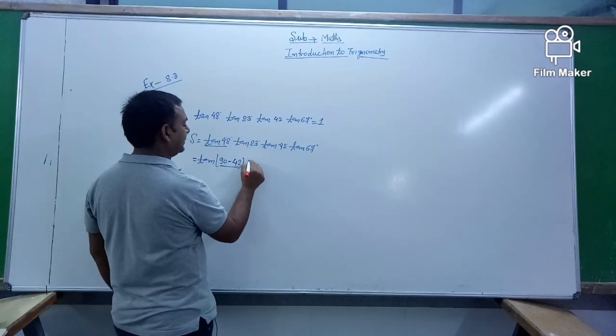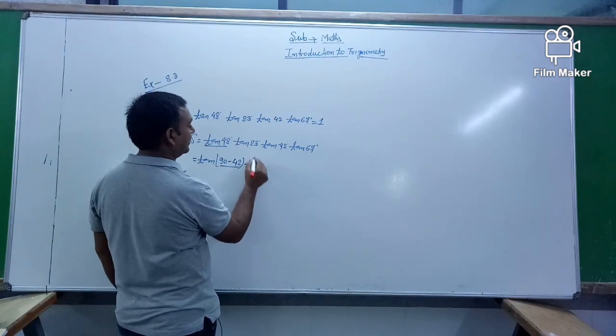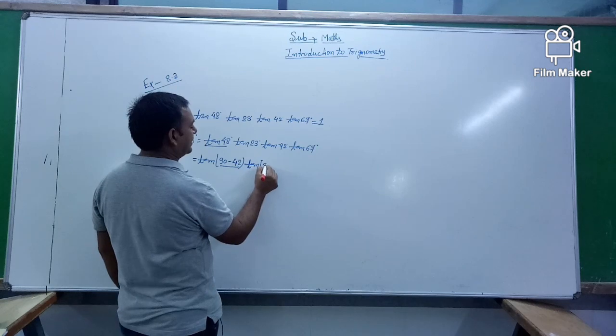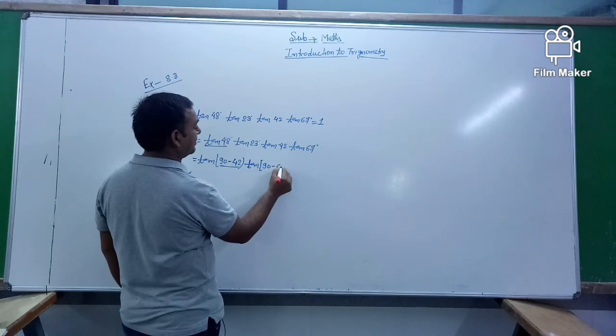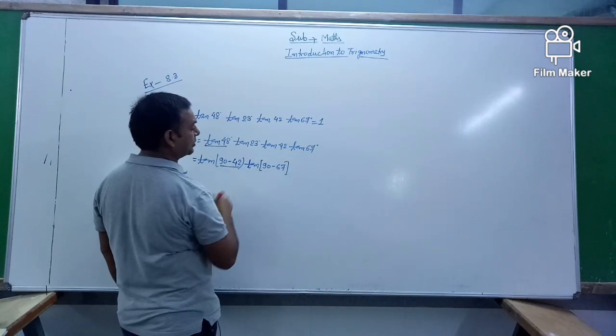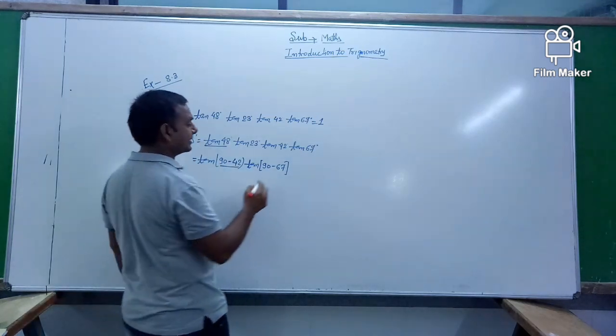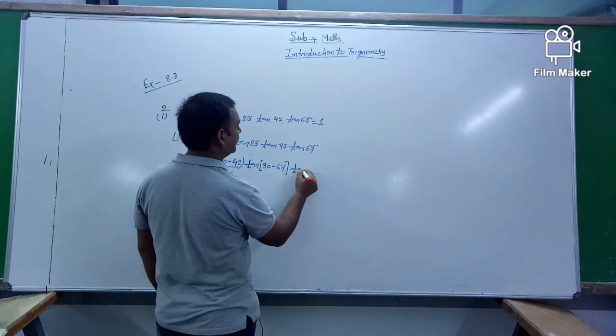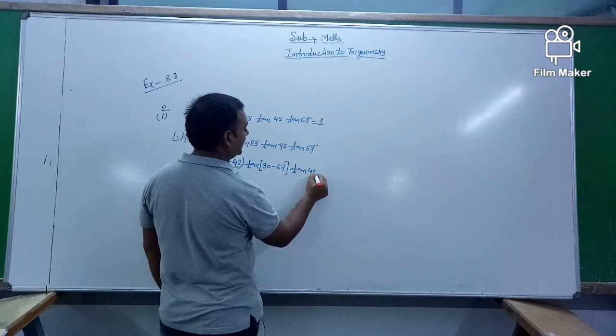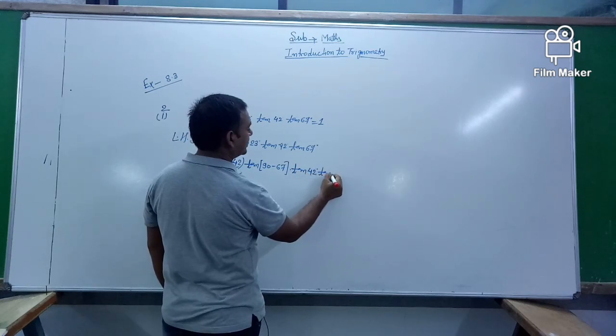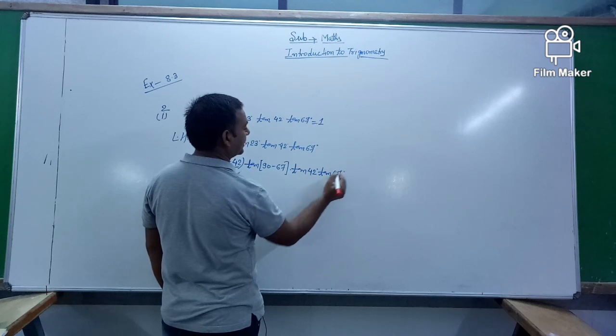Then tan 23 is equal to tan 90 minus 67, since 90 minus 67 is equal to 23. Next, into tan 42 degree into tan 67 degree.